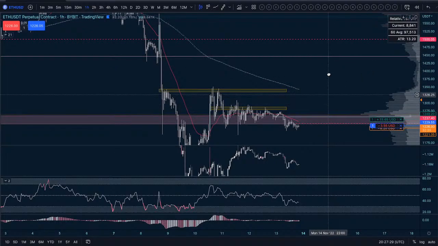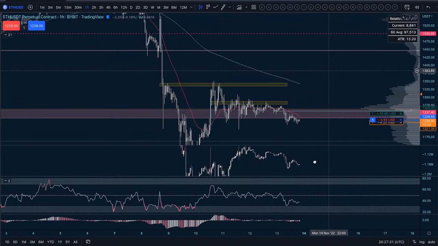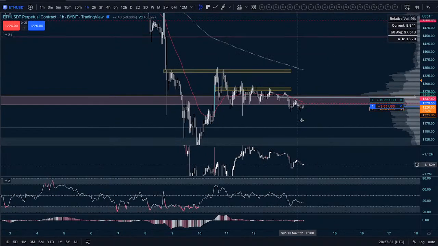Okay, one hopium is that this looks like an exhaustion here, but then again, this is just a warning sign. The real signal would be break, hold, then we have a play.